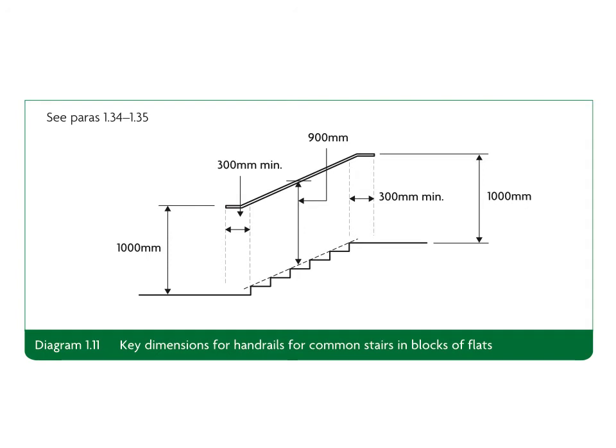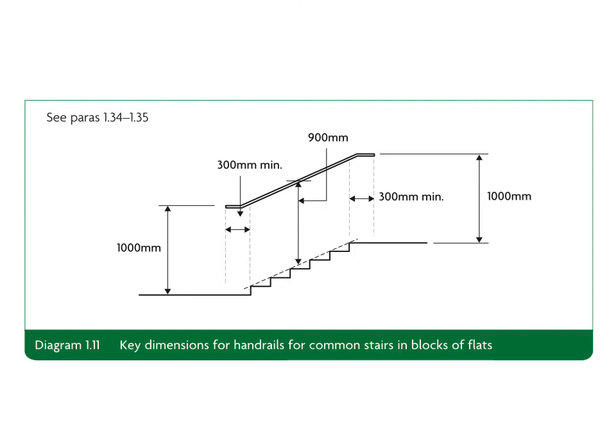In order to allow people to come up and start up a staircase and leave a staircase, especially if they're infirm and they need to hold onto a handrail, there are requirements for handrails which need to extend 300 millimeters beyond the bottom step and the top step, and this is described in diagram 1.11.